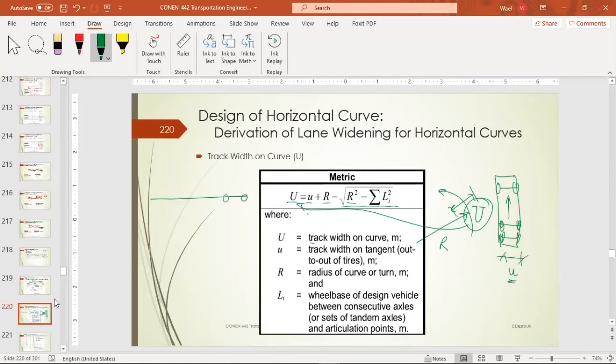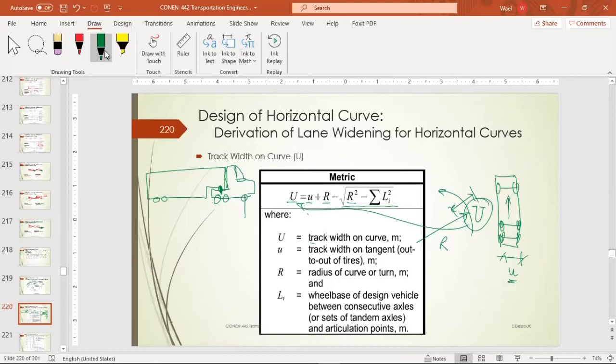If we have, for example, an 18-wheeler, something like that, basically there is a pivot.